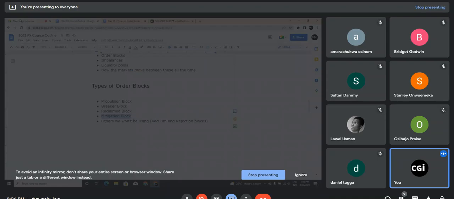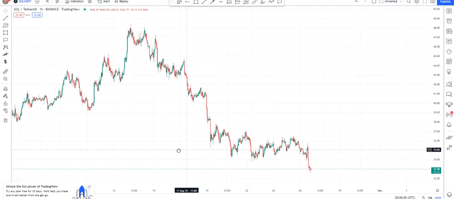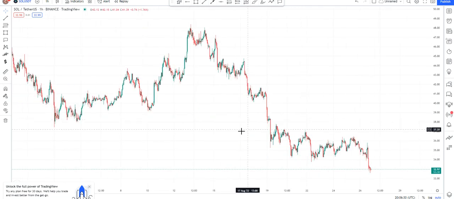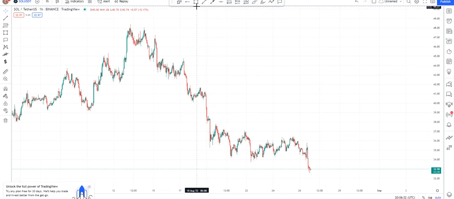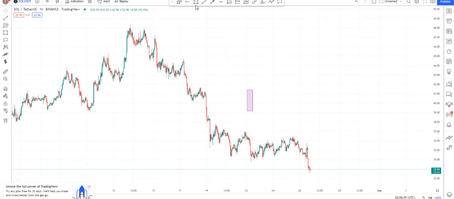Vacuum blocks are basically imbalances. So let's say we have a candle. Price moves up. It did not mitigate that previous candle, and it kept on going higher.